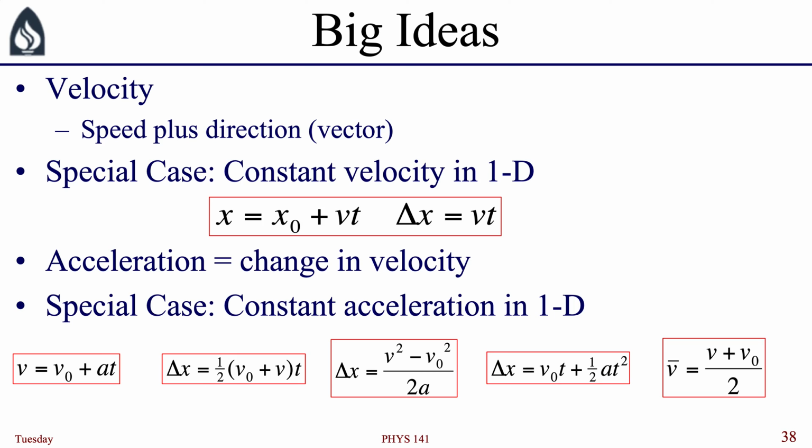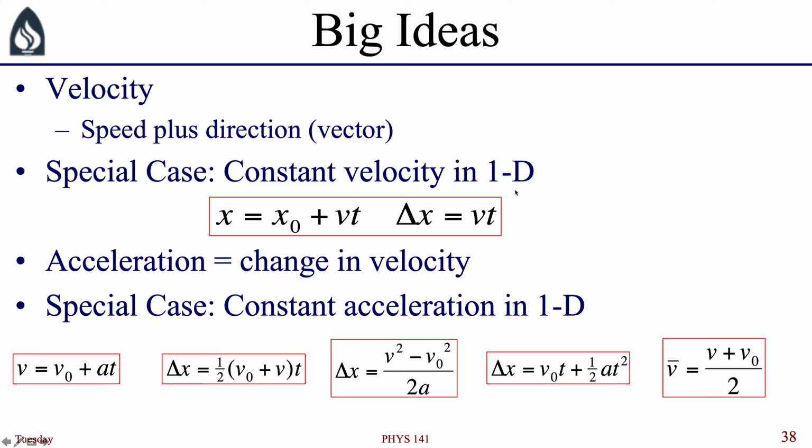We looked at the special case where you have constant velocity, meaning no acceleration, in one dimension, and in that case we can write down our constant velocity expression, that the change in position, which is the same thing as the final minus the initial position, is equal to velocity times time. Now this only works when the velocity is constant, when the acceleration is 0.